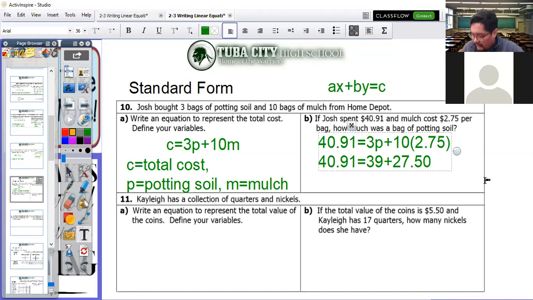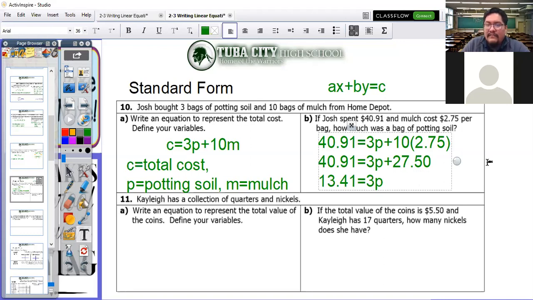We'll take off $27.50, and in this case we get $13.41 for buying 3 bags of the potting soil. So now we know that there's $13.41 in potting soil.